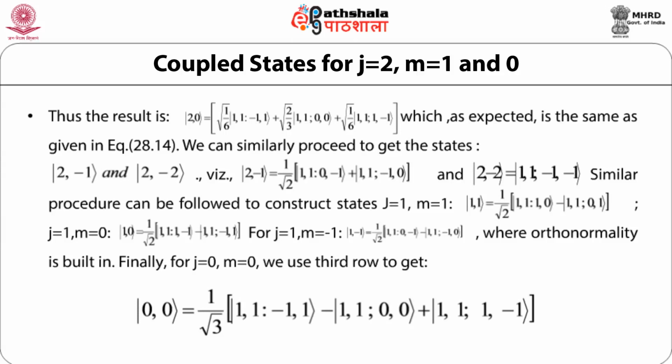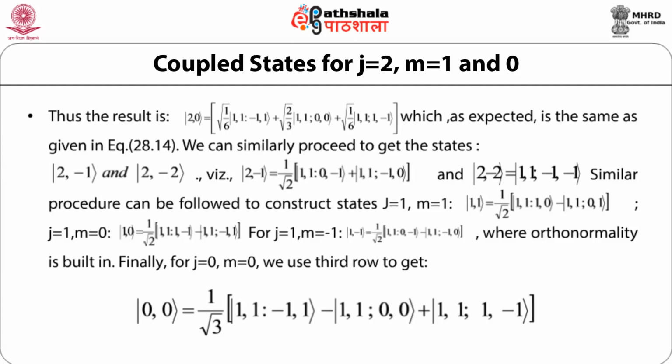A similar procedure can also be adopted to construct the states having the value of the total angular momentum j equal to 1 and the magnetic quantum number m equal to 1, and for this the coupled state is given as |1,1⟩ is equal to 1 by √2 times (state |1,1⟩ and |1,0⟩ minus state |1,1⟩ and |0,1⟩).